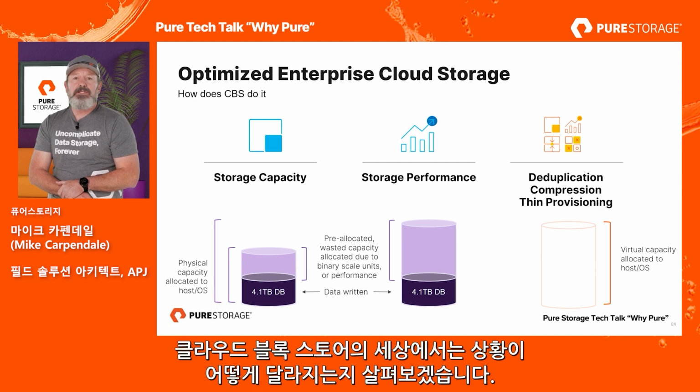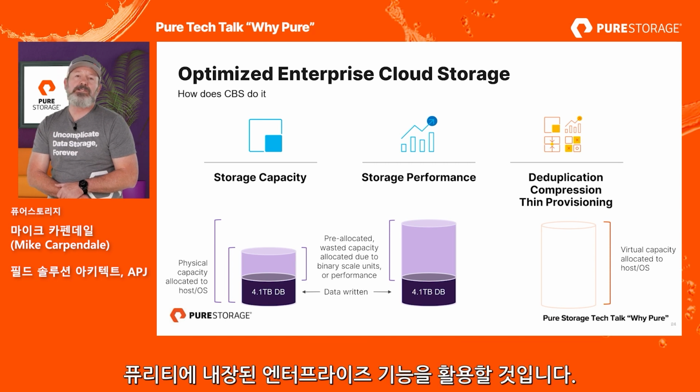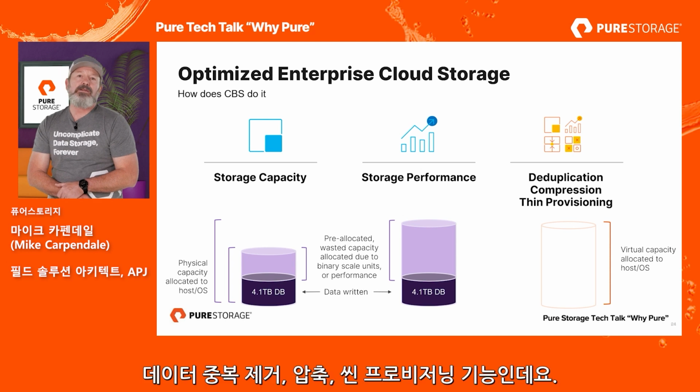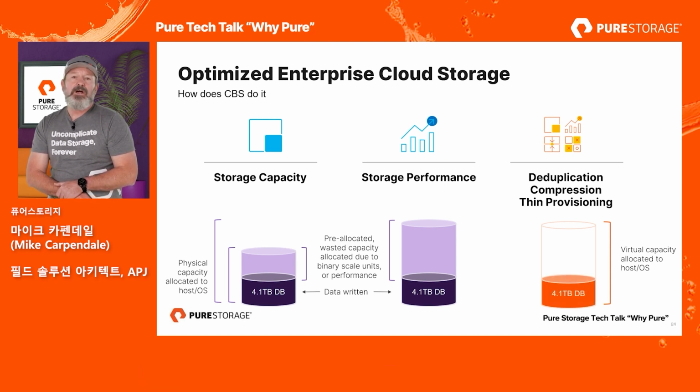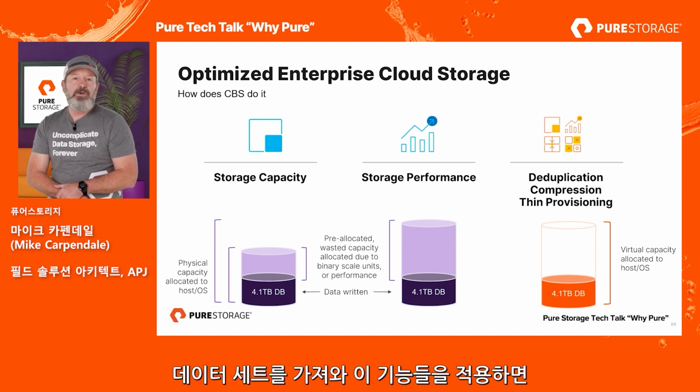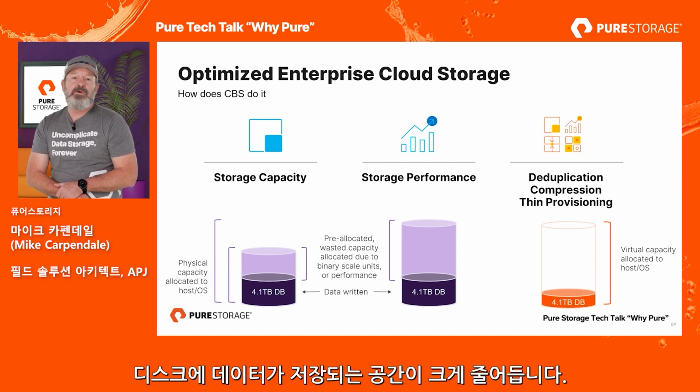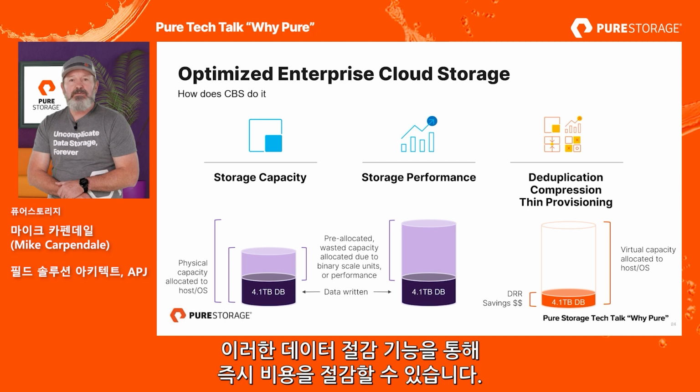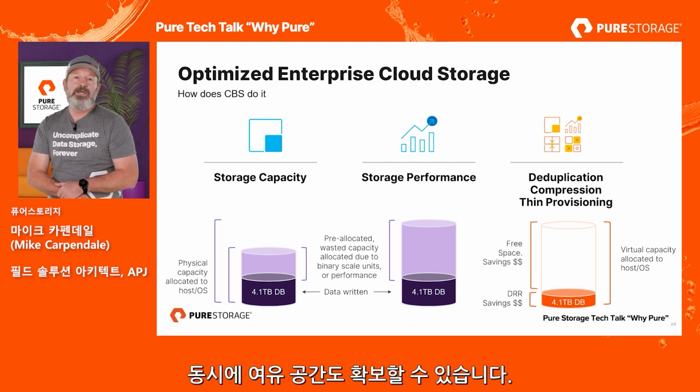If we were to look at this in the Cloud Block Store world and how we do it slightly differently, we're going to leverage the enterprise capabilities that we have built into Purity around deduplication, compression, and thin provisioning. We will take that data set and apply that to it, and we will see a much smaller footprint of data stored on disk. This data reduction capability is going to give us instant savings from the get-go, and then we are going to have some free space savings as well.